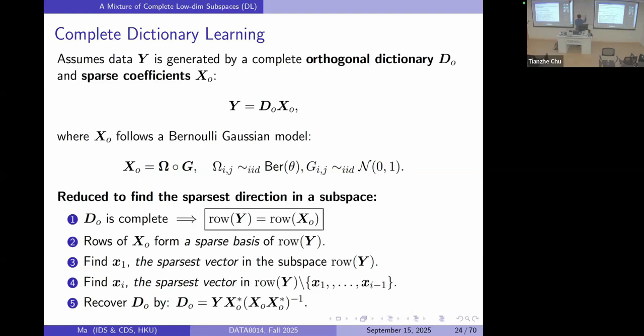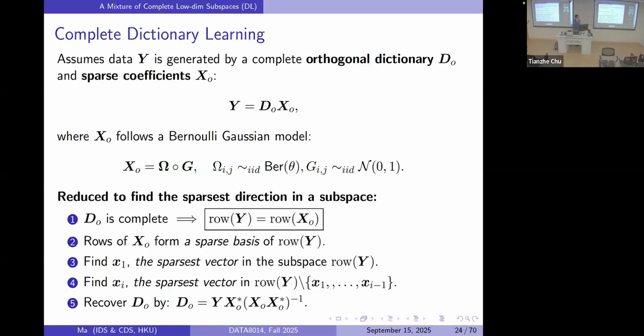That's d, this is y, equal to d multiplied by x, which is also very fat. Basically, you have many columns, that's the number of samples. The dictionary is square, n by n. This is n by p, this is also n by p, x. But x is sparse, column-wise and row-wise, so each row is also very sparse.